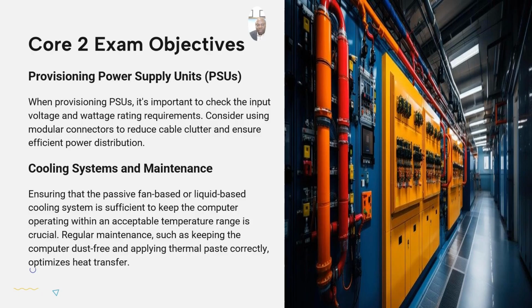In cooling system maintenance, you want to ensure that the cooling system, either passive fan based or liquid based, is sufficient. So you might have a fan, but also you might have a liquid that's actually making things happen to cool things. Really determine, is it sufficient enough to keep the computer operating at an acceptable temperature?